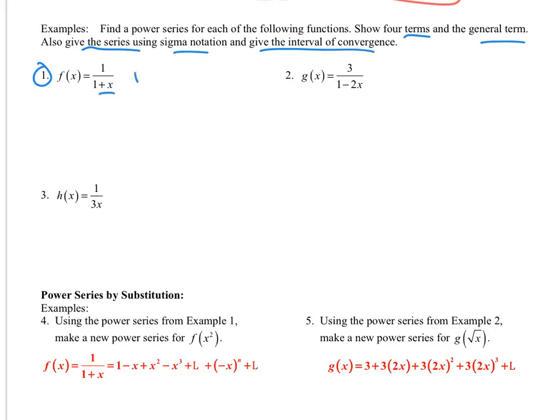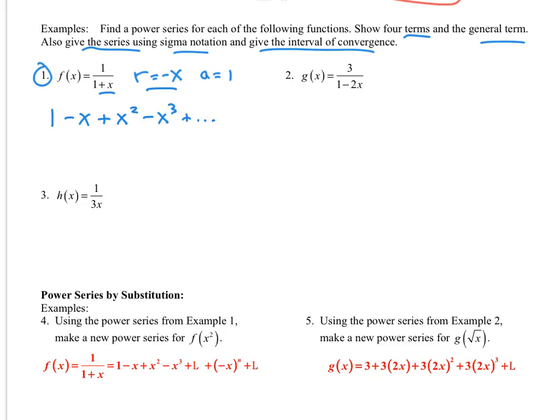So when I look at this, my ratio is actually -x, and my a value is equal to 1. It says write out the first 4 values. My first term is 1, and then I multiply every time by -x, and that would be my first 4 terms.